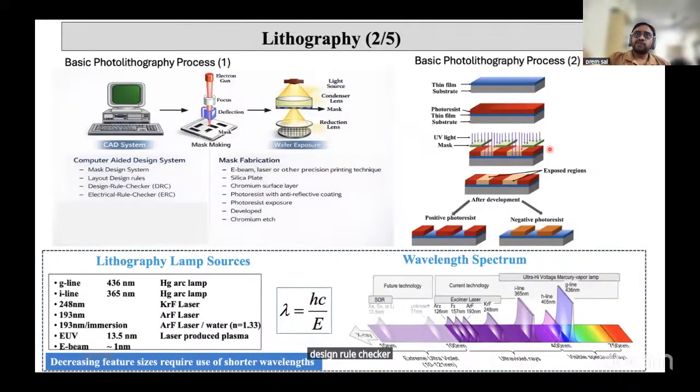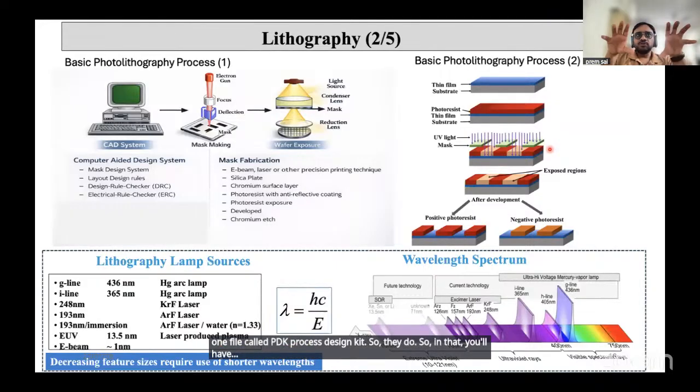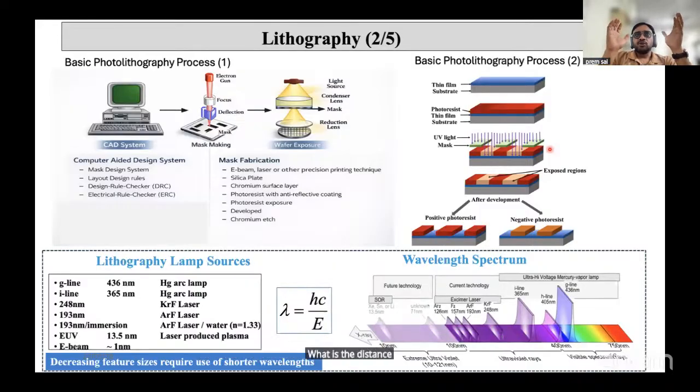The foundry will give you one file called PDK, process design kit. In that you will have all the rules. Let's say, what is the distance between two metal lines? What is the distance between two wells, P well, N well, all that. They all will be in that file.